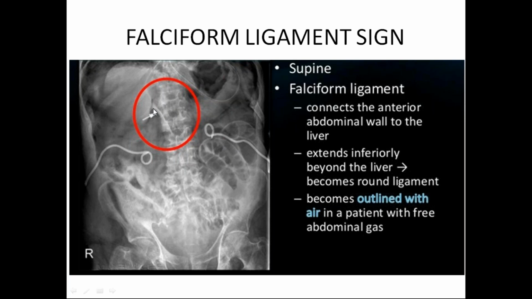And in such cases, we can also see the falciform ligament, which connects the anterior abdominal wall to the liver. It extends inferiorly beyond the liver and becomes the round ligament. In pneumoperitoneum, it becomes outlined with air and is visible. And we can also see this in the lateral radiographs.